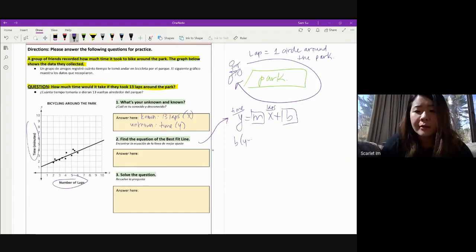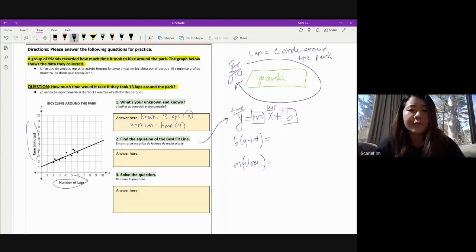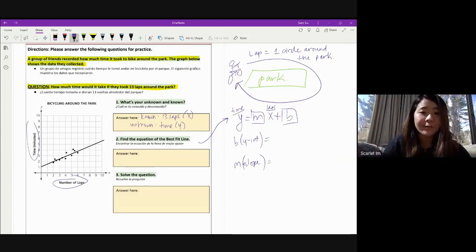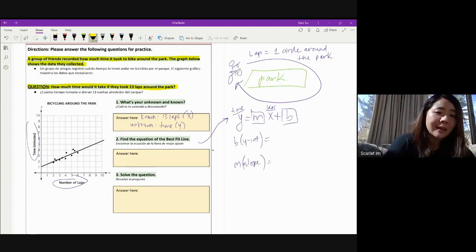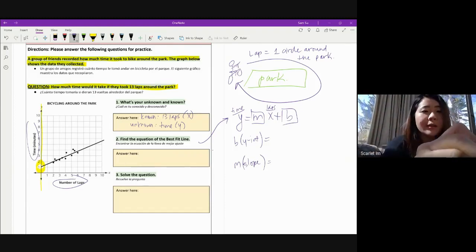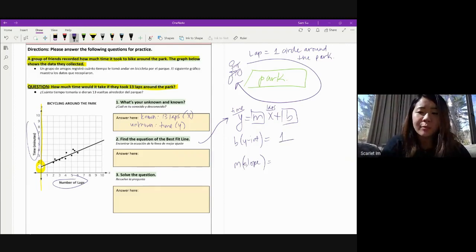B is my y-intercept, and m is my slope. I'm going to find my y-intercept first because that's really easy. It's wherever it crosses the y-axis. My y-axis is right here. I notice that it crosses at 1, so my b is 1.